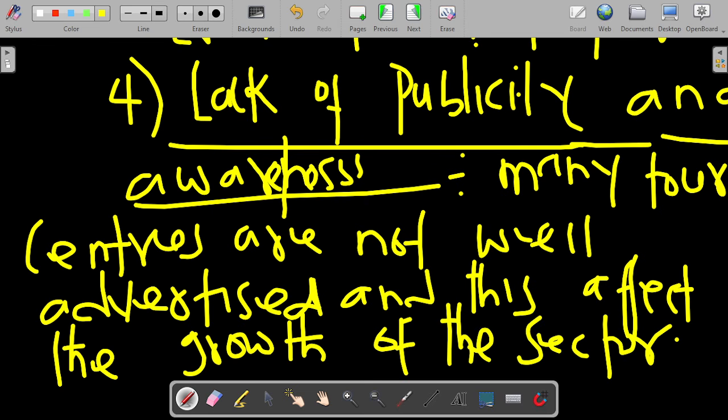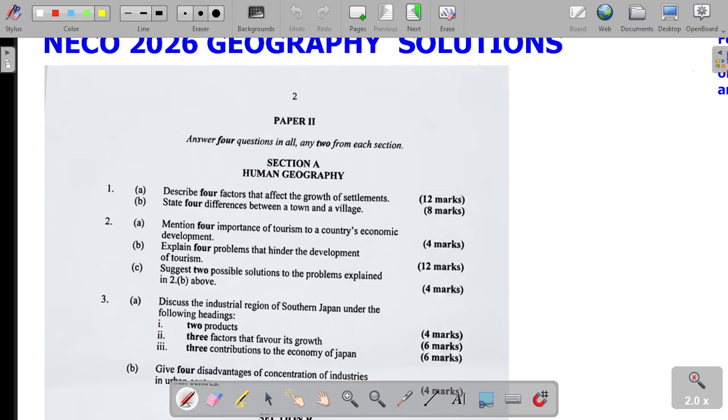So that is question number 2B. Let's go to 2C.